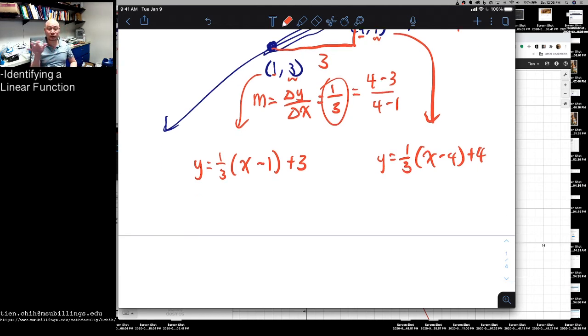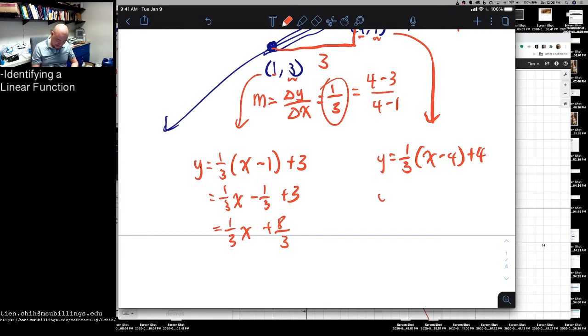And the thing to note is that these are the same linear function. It doesn't matter which one you pick. I could have picked some other point even that lies on this line, but figuring that out is too much work when we already have these 2 points. And to verify that briefly, this is 1/3 x minus 1/3 plus 3, which gives me 1/3 x plus 8/3.